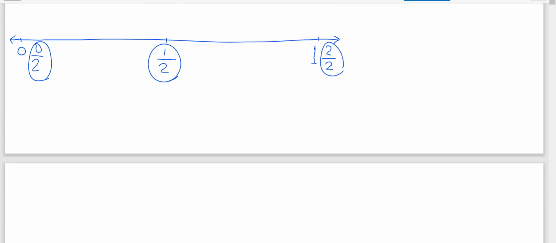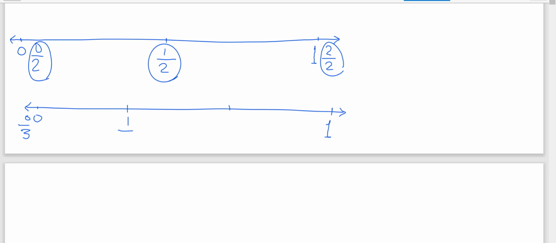Another example. This number line, if we divide it into 3 equal parts, write 0 thirds, 1 third, 2 thirds, 3 thirds.